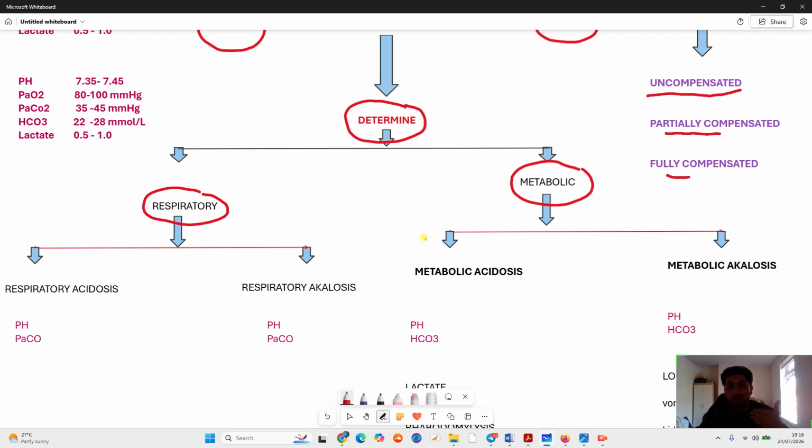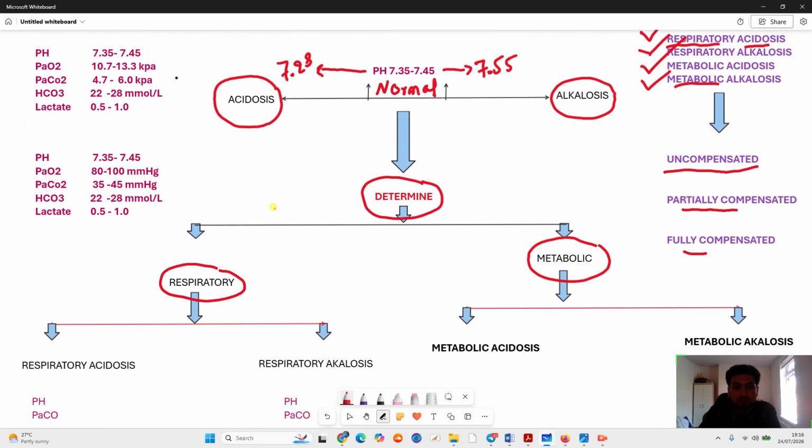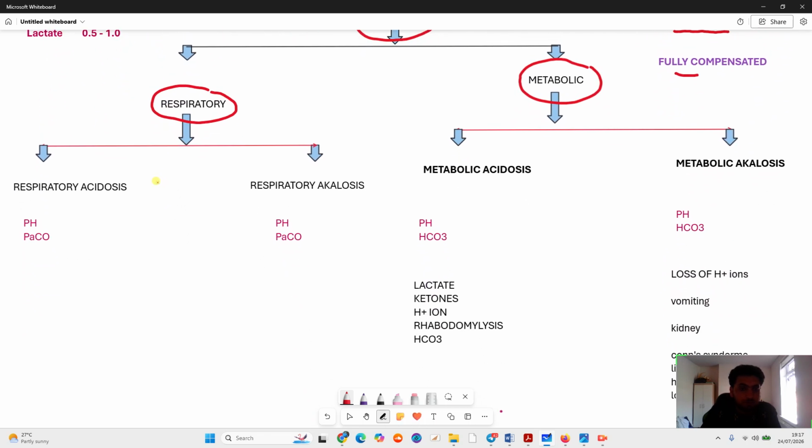So you have to read more parameters to find out. I read one system here, like pH is less than 7.28, and I know that's acidosis. And now I want to find out whether it is the respiratory system or not. So see here, respiratory. In respiratory, two conditions can happen: acidosis and alkalosis.